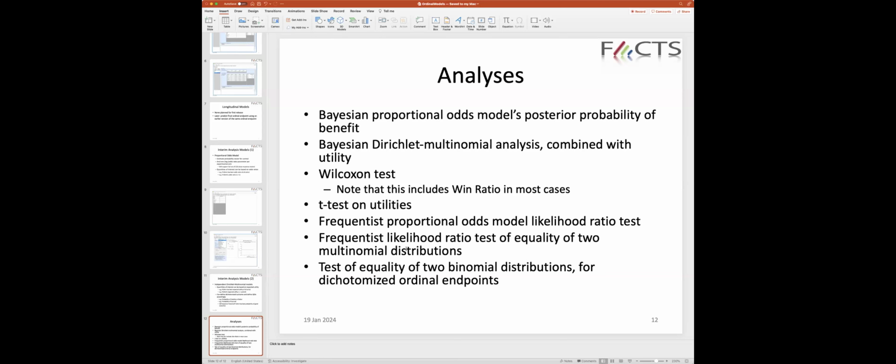Relatedly, we could look at a frequentist likelihood ratio test for the equality of 2 multinomial distributions. And then the simplest version of this sequence of frequentist likelihood ratio type models is a test of equality of 2 binomial distributions for a particular dichotomization of the ordinal endpoint.